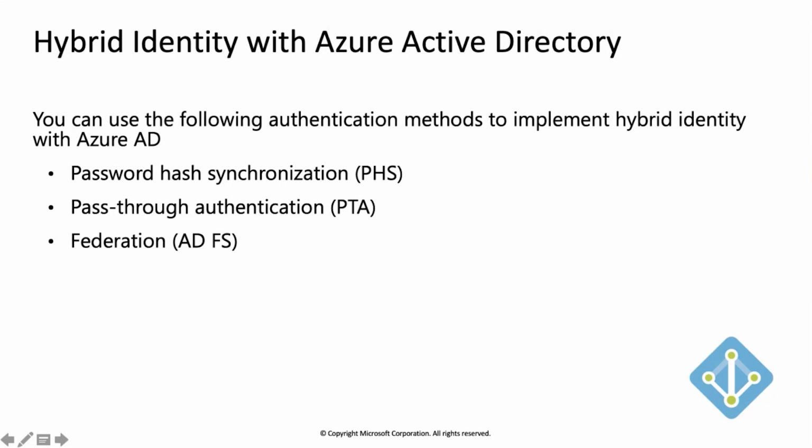And when it comes to hybrid, it becomes a key factor for the authentication methods, in which we discussed these three: password hash, pass-through, federation. When it comes to the setup, they have their own process of configuring, but at least you have some understanding about the product.